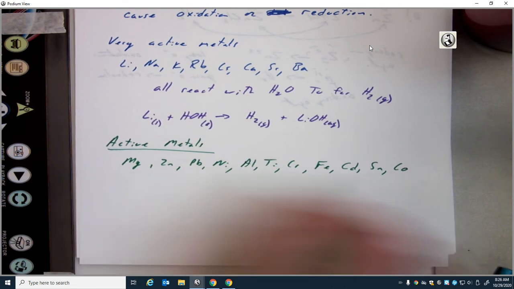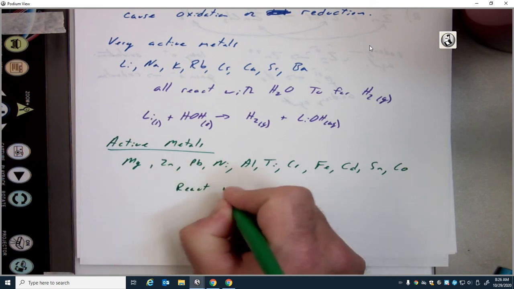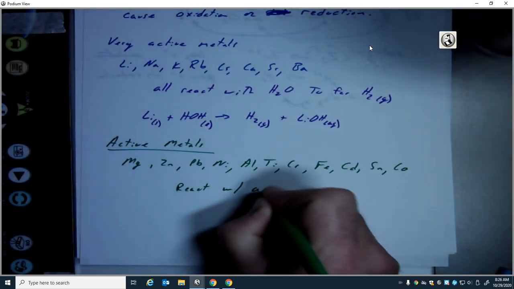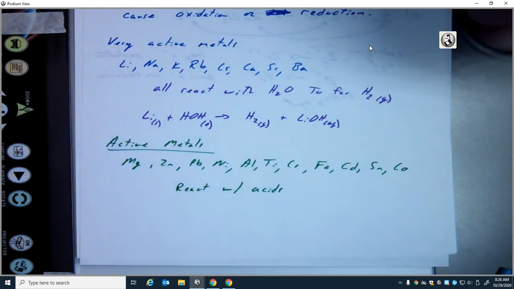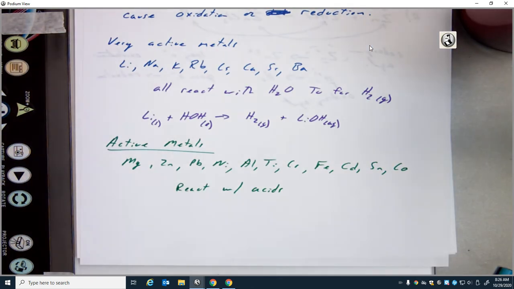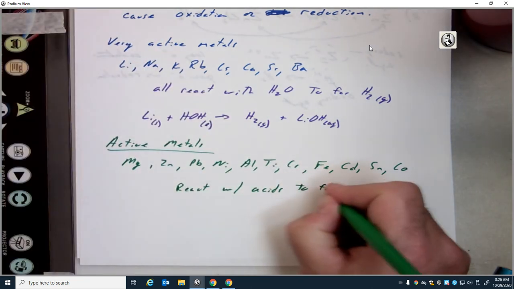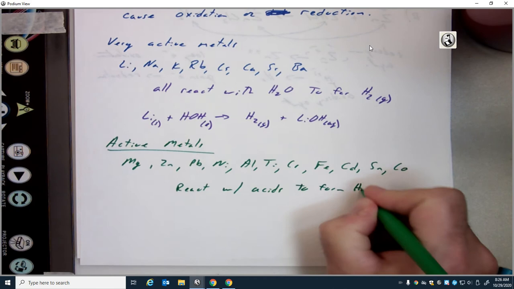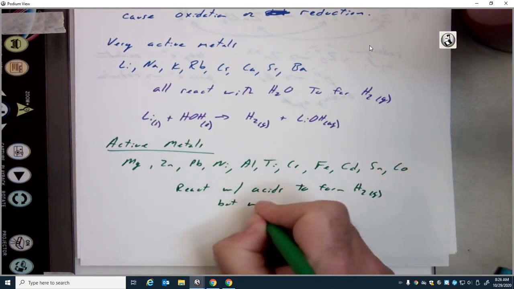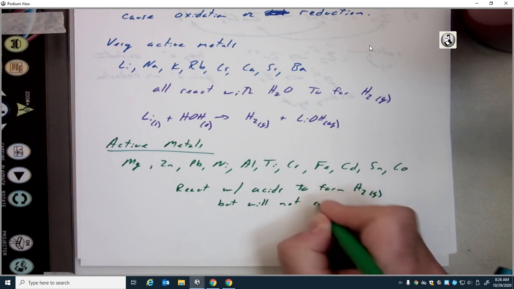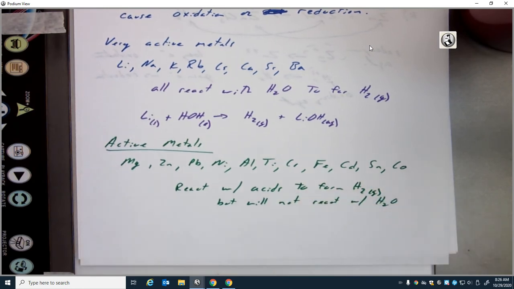They won't react with water, but they react with acids to form hydrogen gas, but will not react with water.